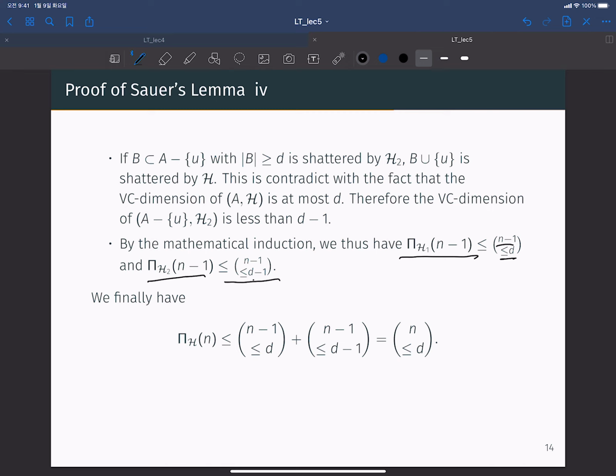So we finally have the growth function is less than or equal to this, and this summation is exactly this. By the way, these are true because we are using mathematical induction, and for the induction we assume that it is true for the case n minus 1, right?